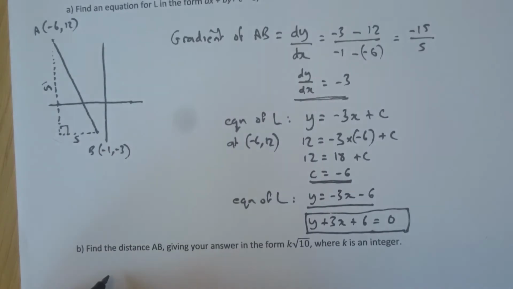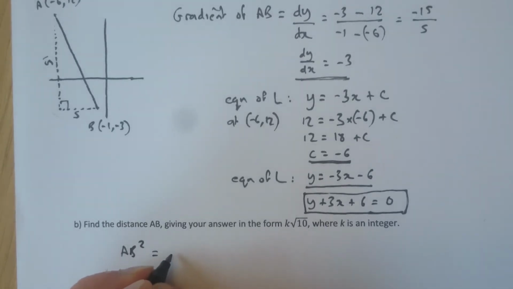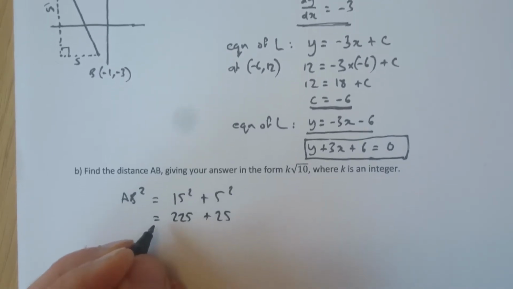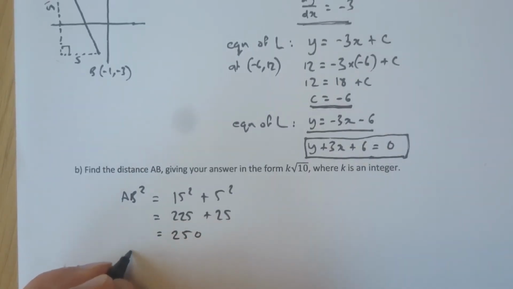And so Pythagoras tells us that AB squared will equal 15 squared plus 5 squared, which is 225 plus 25, so that comes to 250, meaning that AB is the square root of 250.